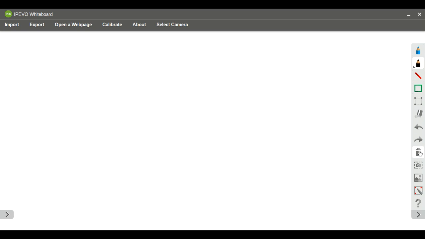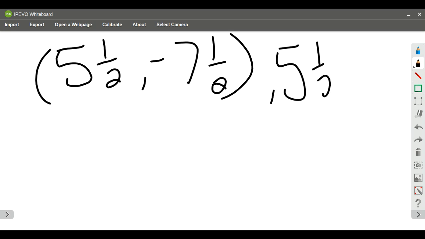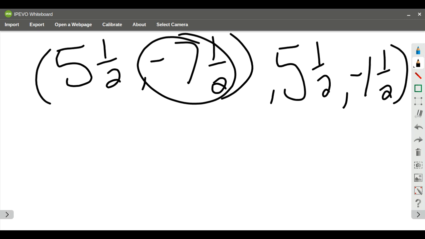Okay. The next one I'm going to take a look at is 5.5 and -7.5, and my other coordinate is going to be 5.5 and -1.5. Again, circle the coordinates that are going to be different. So 5.5 are the same. I'm looking at my y coordinates.